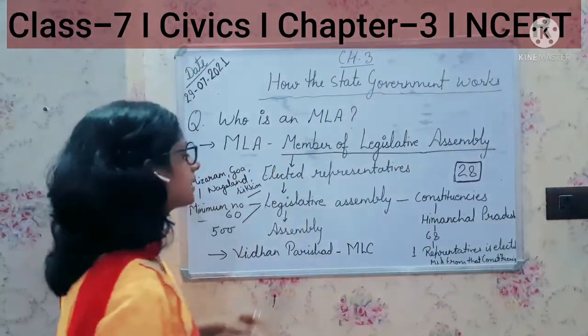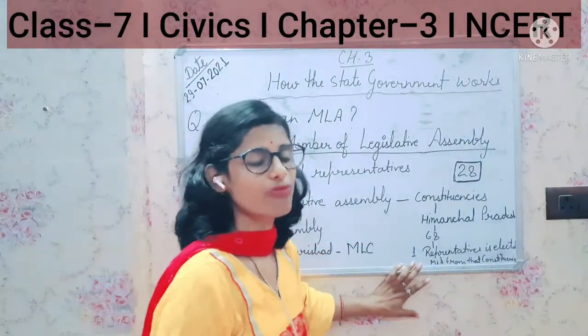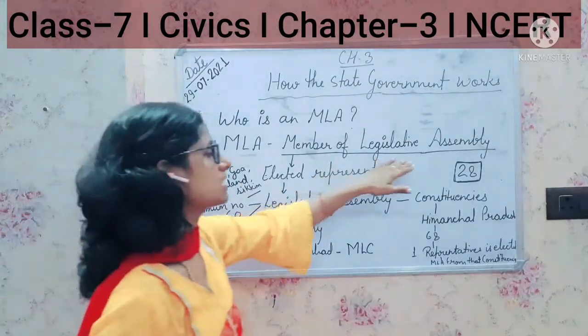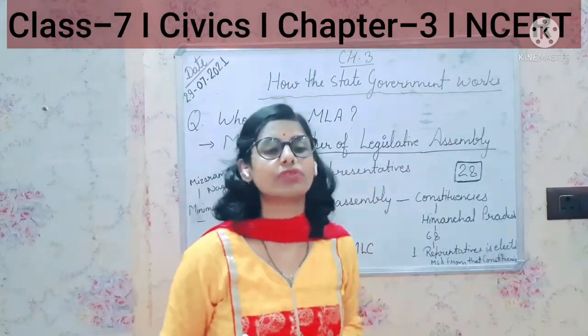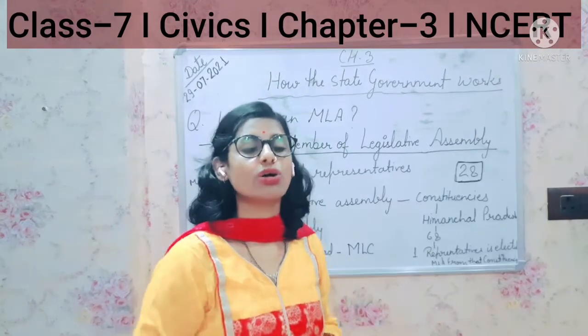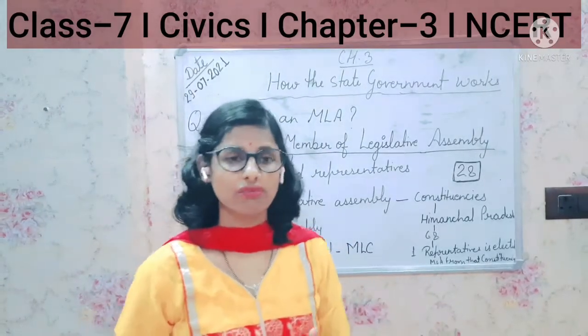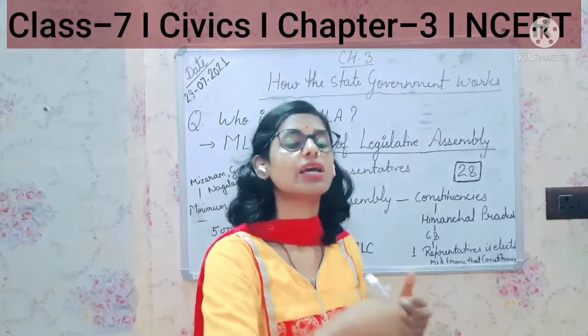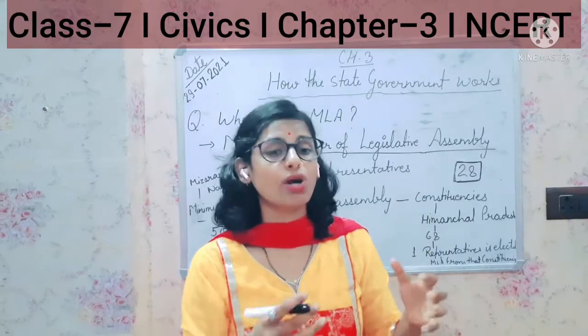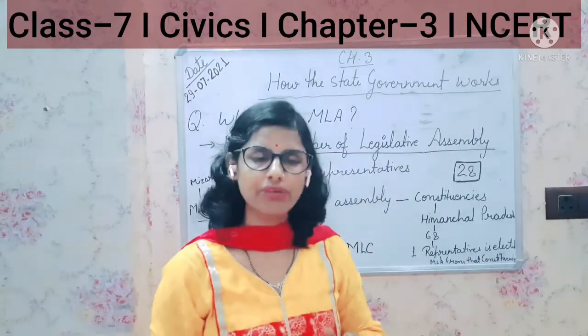So students, they elect these representatives for 5 years. As we have discussed, the number of legislative assembly members is based on population. Where there is a high population, the number of members will be more.